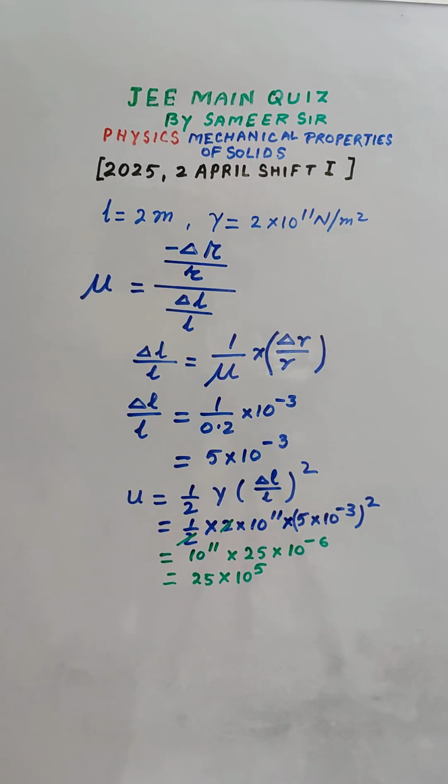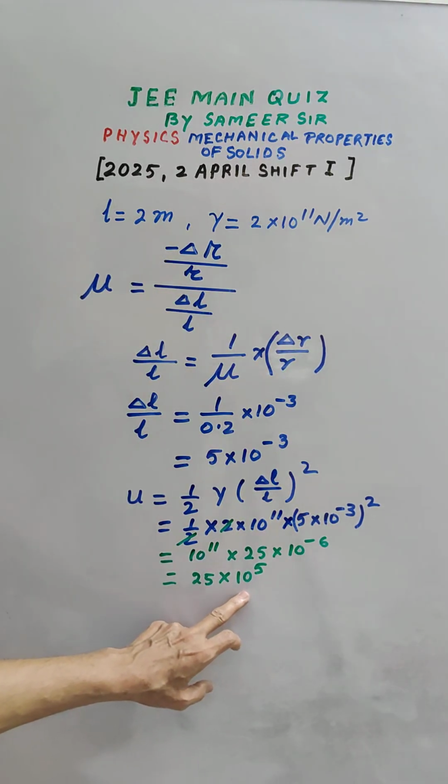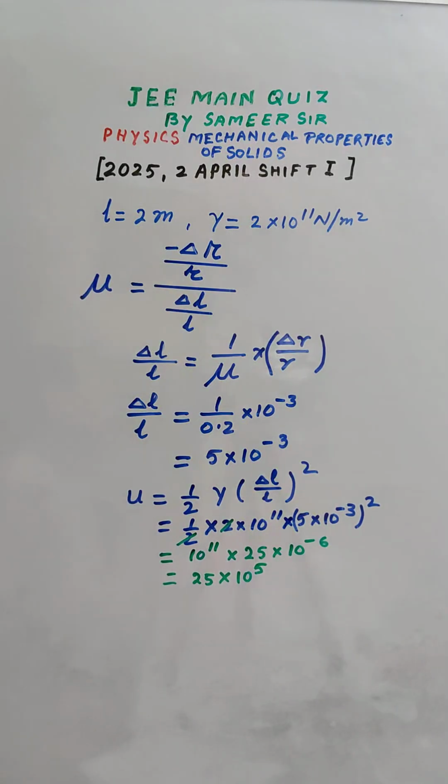So which is the answer? This way we can say the elastic potential energy density of the wire is 25. So 25 is the correct answer. This was given in the question in SI units.